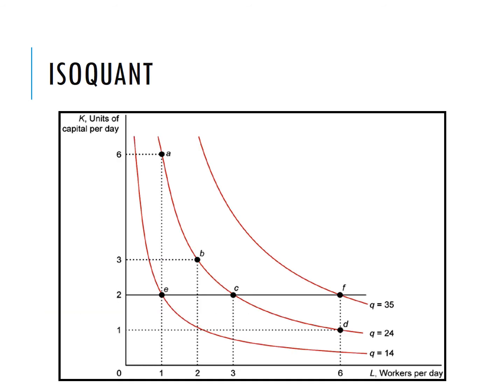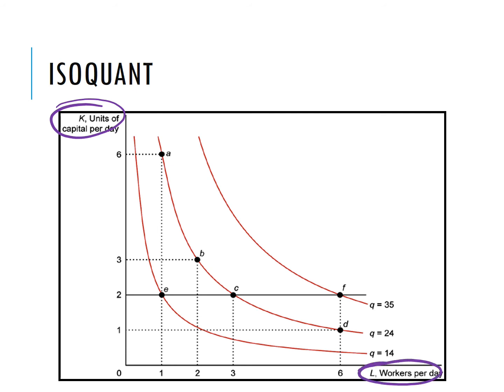And here is an isoquant. You'll notice it looks just like an indifference curve. And we wouldn't be able to tell the difference unless we had things labeled. So typically when we draw isoquants, we put capital on the y-axis and labor on the x-axis.